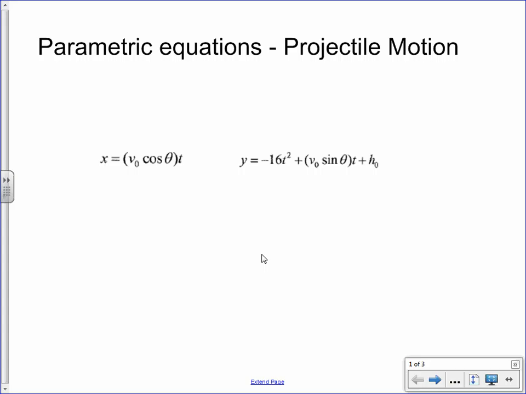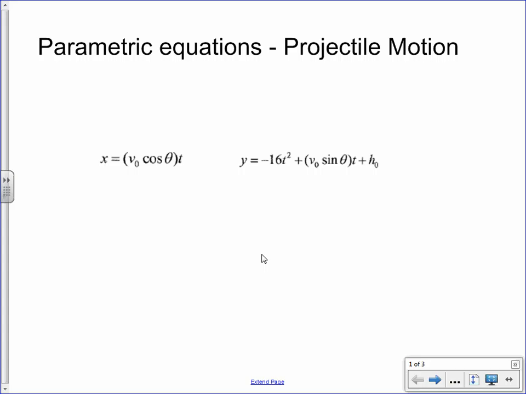So the x equation is describing how far our object is going, while the y equation is describing the height of our object. So here we have an opportunity to look at horizontal and vertical movements as our object is being projected through the air.